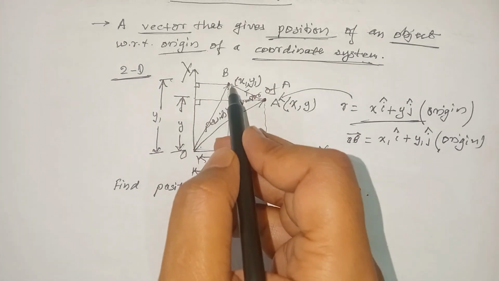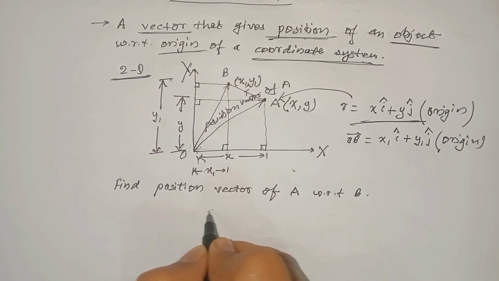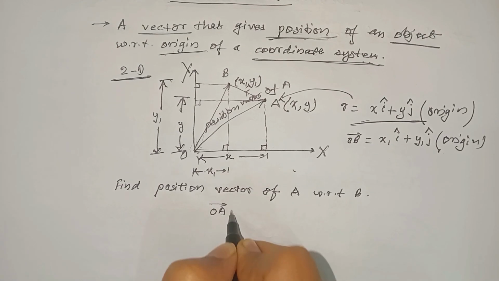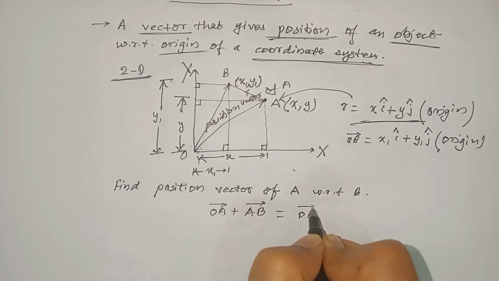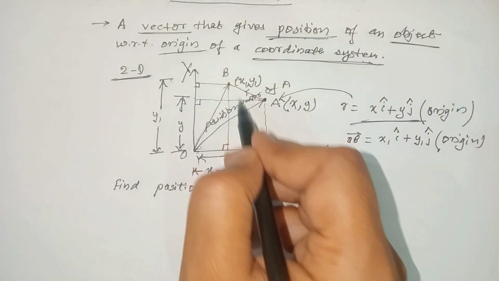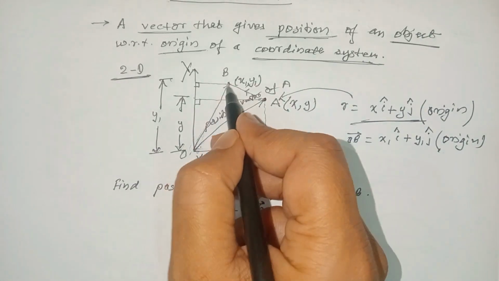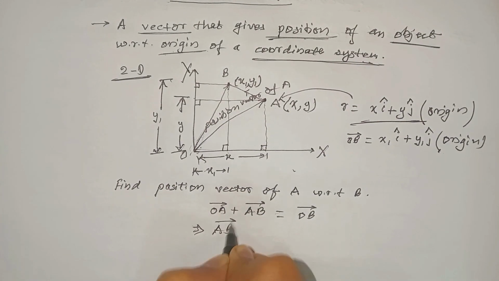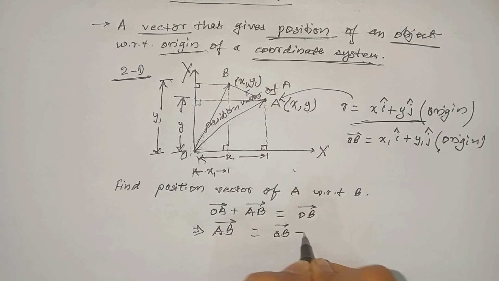According to the rule of vector addition, in the solution we can write: OA vector plus AB vector equals OB vector. These two are in the same direction, and this is in opposite direction, so the resultant will be this OB vector. Therefore AB vector, which is the position of A with respect to B, will be OB vector minus OA vector.